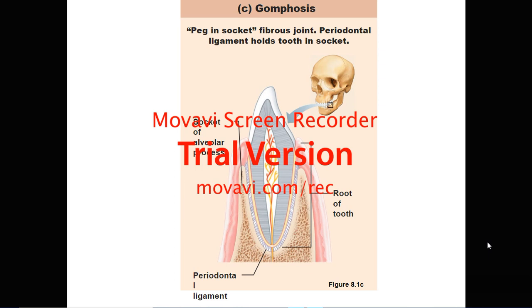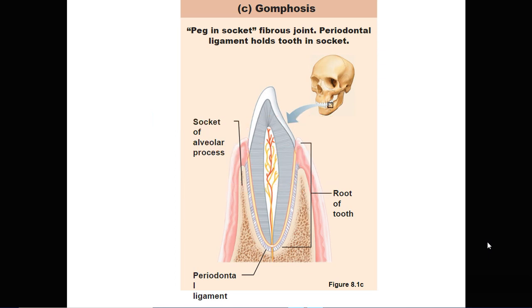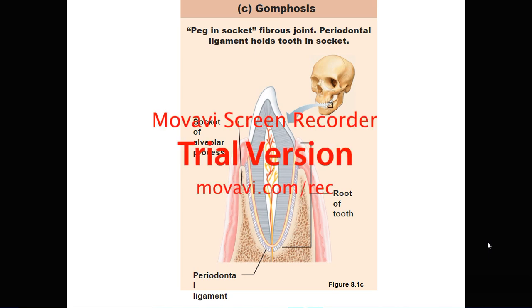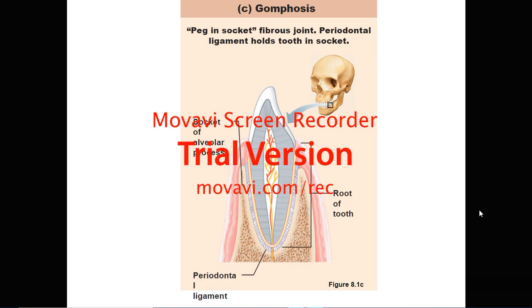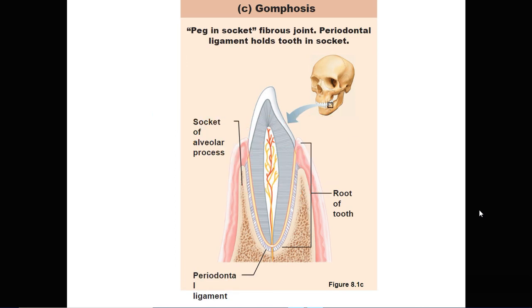That refers to the way that teeth look as if they were hammered into their socket. The fibrous connective tissue in this case is the short periodontal ligaments. You see those very short periodontal ligaments. They're short, so it's going to be an immobile joint.